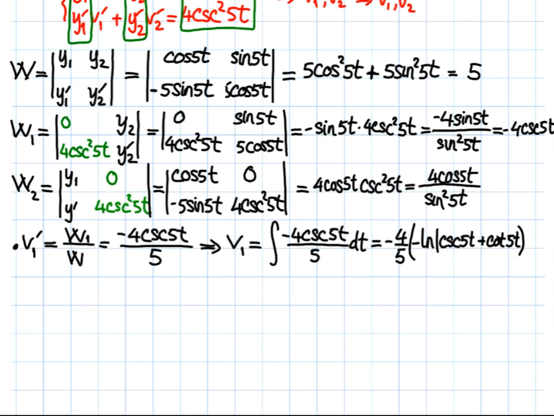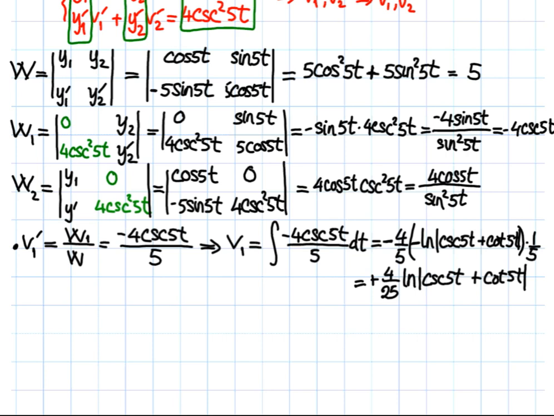And then there's 5, so we have to have 1 over 5 for that. So multiplying together, we should have negative 4 over 25. Actually, there's 2 negative signs, so that is positive 4 over 25 ln cosecant of 5t plus cotangent of 5t. I forgot the absolute values. Right, so that's what we have for v1.